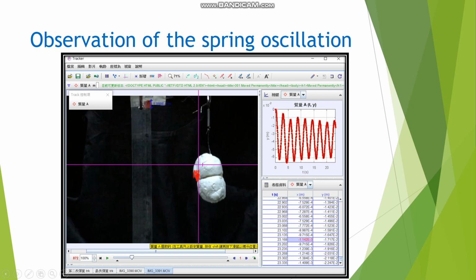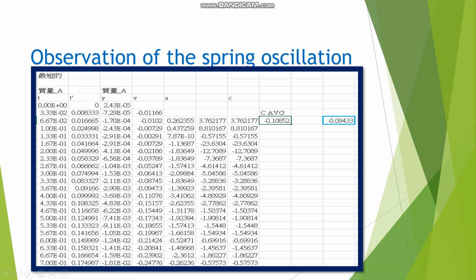And you need to find a reference point on the moving object, and it can help you analyze it. Right under it is the data, and above is the graph. So I copy the data and paste it into Excel to analyze it.